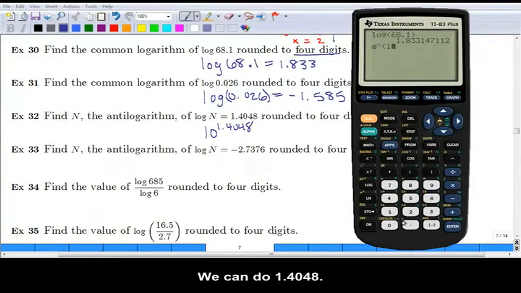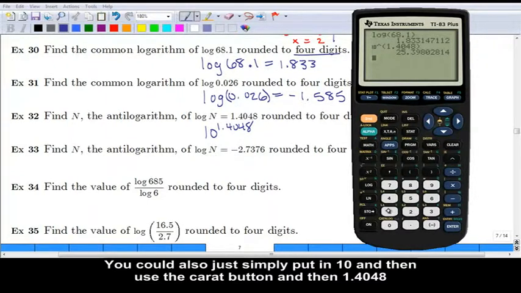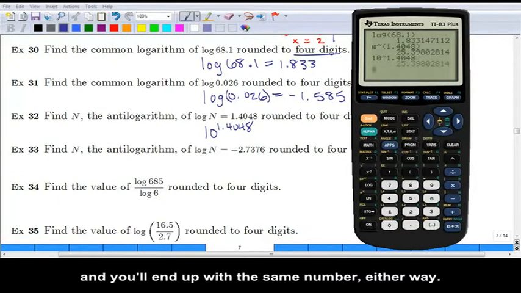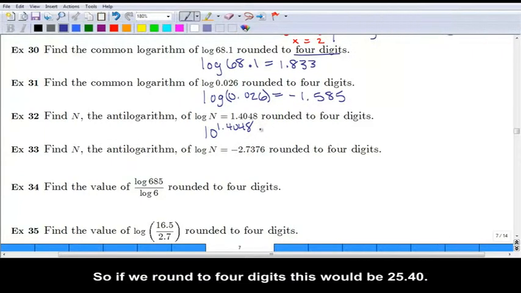We can do 1.4048. Close the parentheses, and you end up with 25.398. You could also just simply put in 10 and then use the caret button, and then 1.4048, and you'll end up with the same number either way. So if we round to 4 digits, this would be 25.40.